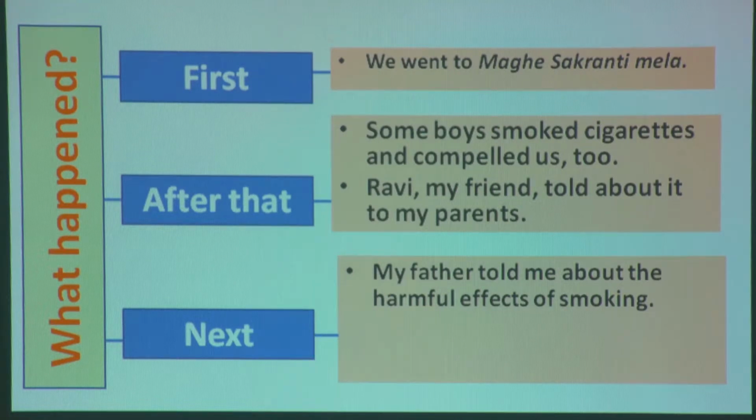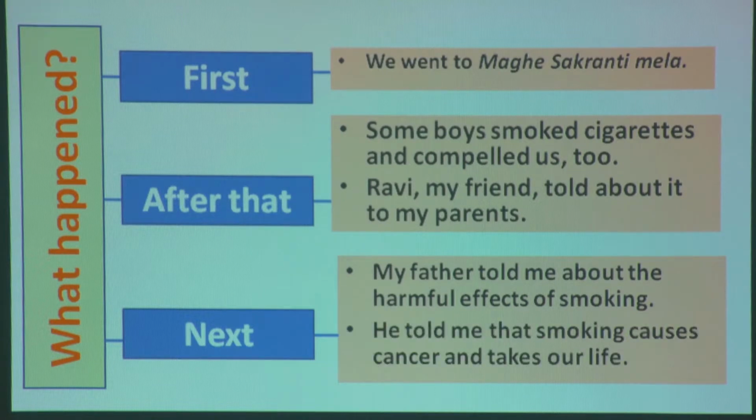Father tried to persuade, to convince the son. He told me that smoking causes cancer and takes our life. So in this way, father tried to persuade and convince the son to give up that bad habit.